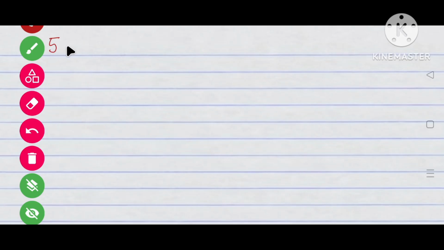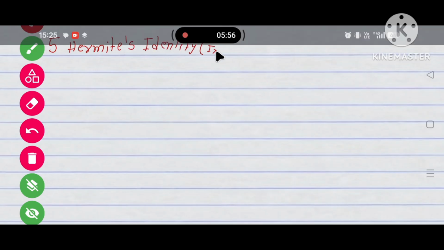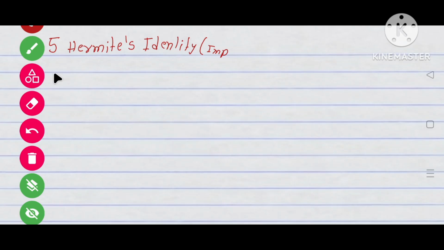These identities are formulas you can use in many JEE Mains problems. Okay, what is the formula?